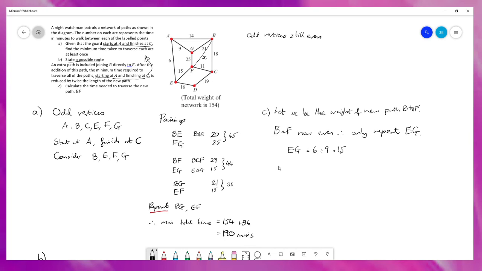So we know that the inclusion of this route, so the total weight that we started with, plus this new arc, plus the repeated, is going to be the total time that we had, and it's reduced by twice the length of the new path.